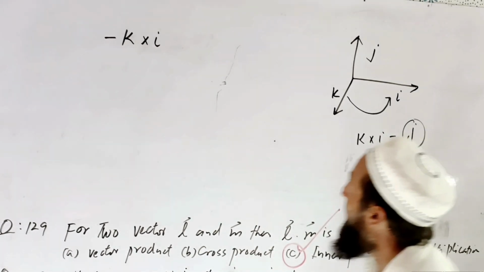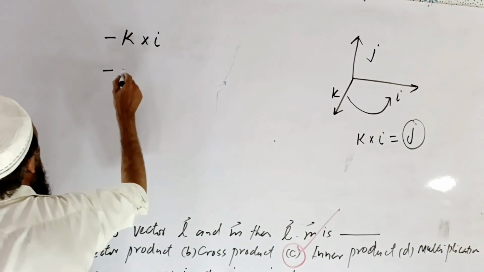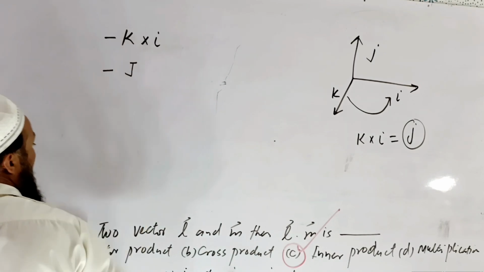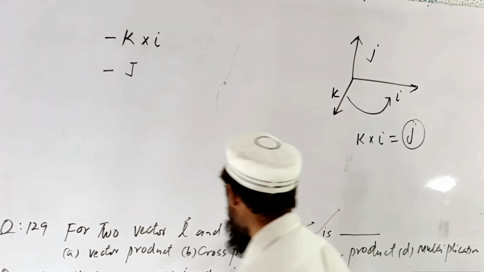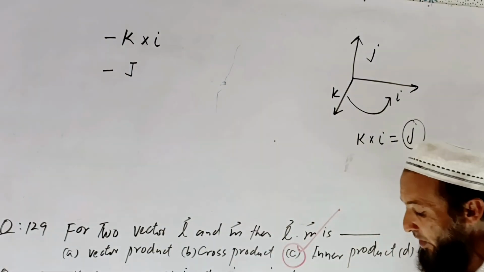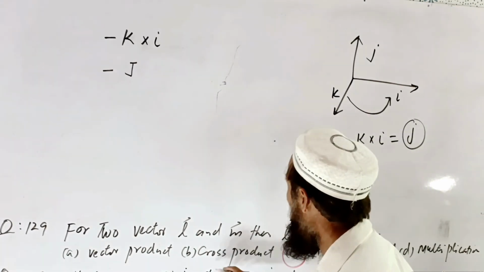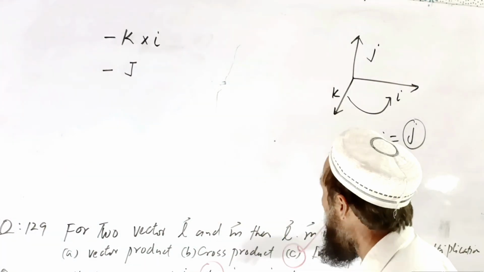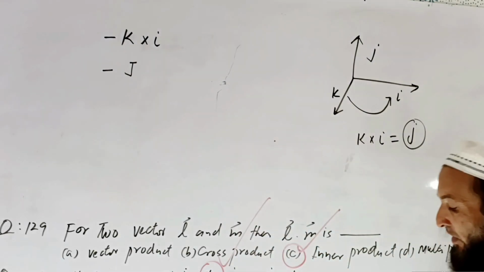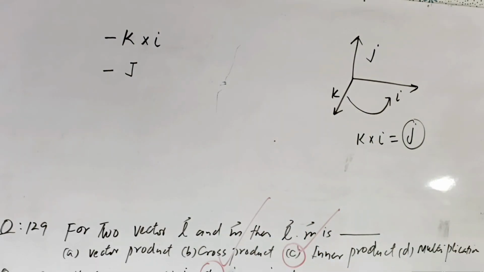Here with the minus sign, we get minus j. Minus j is the correct option according to this definition. D is the correct option, minus j.